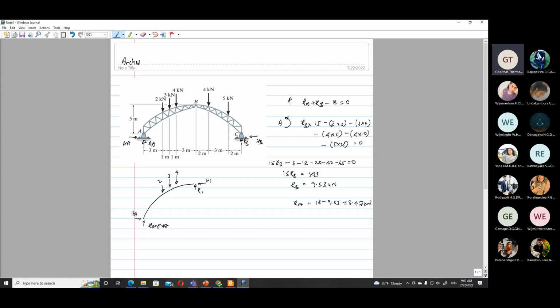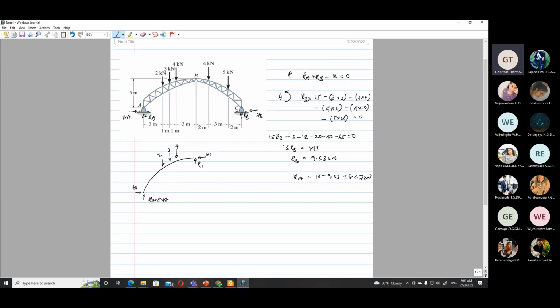If I take the equilibrium of this section of the arch, we have to consider equilibrium: RA plus R1 minus 4 plus 3, 7 plus 2, 9, equals 0. So RA is known, 8.47 plus R1 minus 9 equals 0.